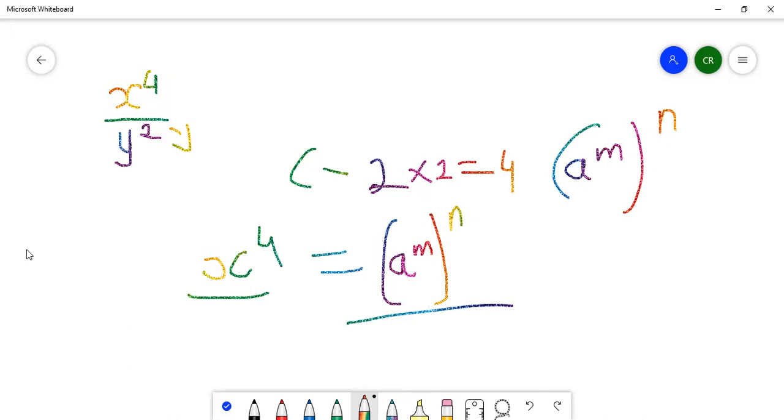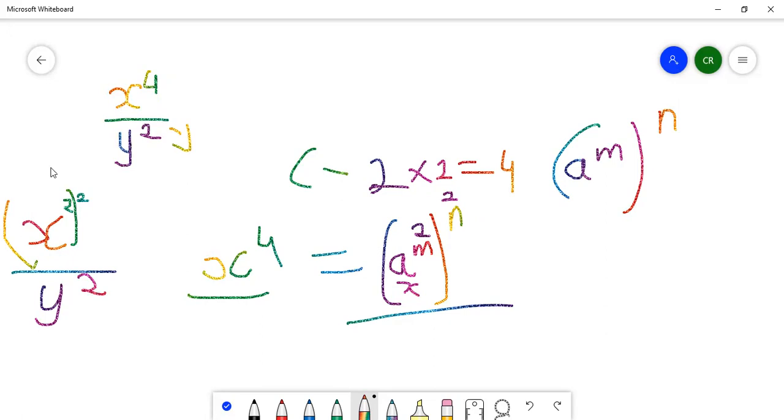Listen carefully. Now we got 2 into 2, so m will be 2, n will be 2, and a will be x. So here it will be x to the power 2 whole raised to 2, and y to the power 2.